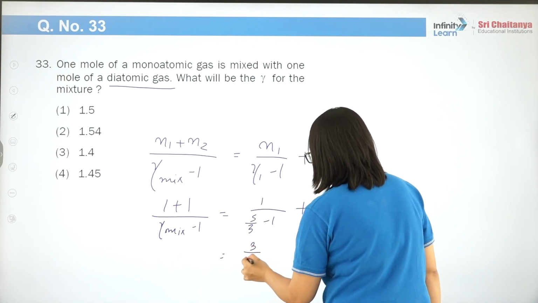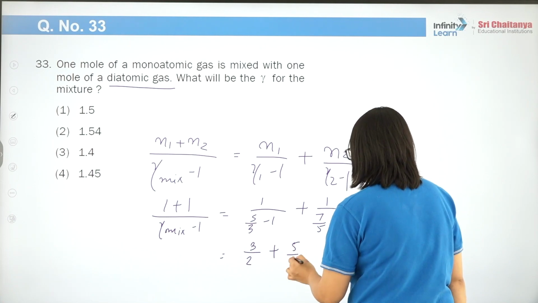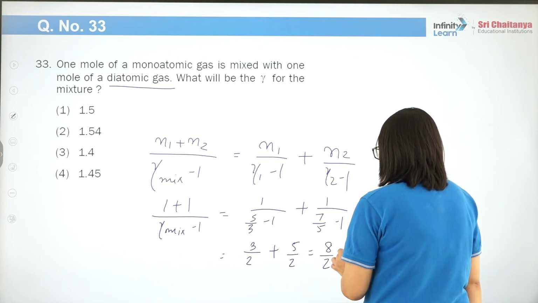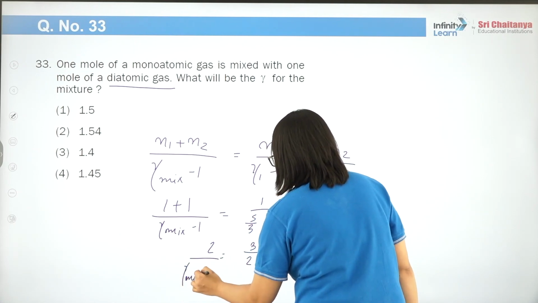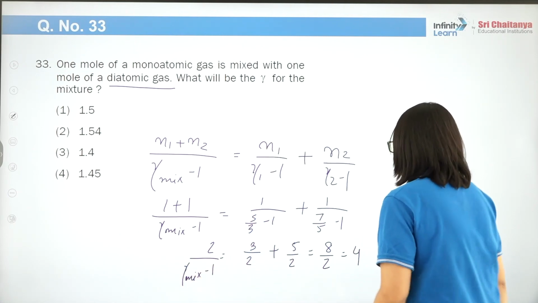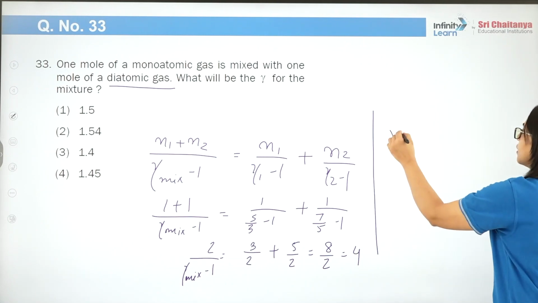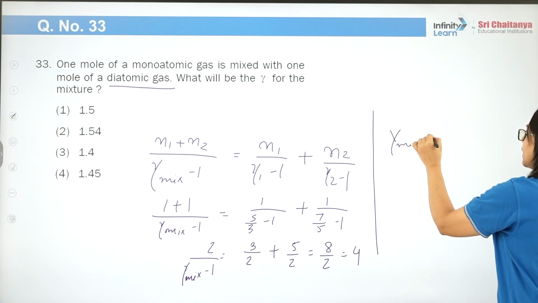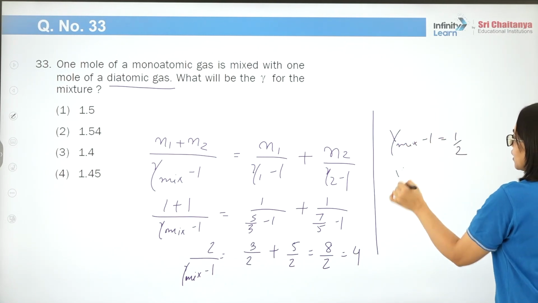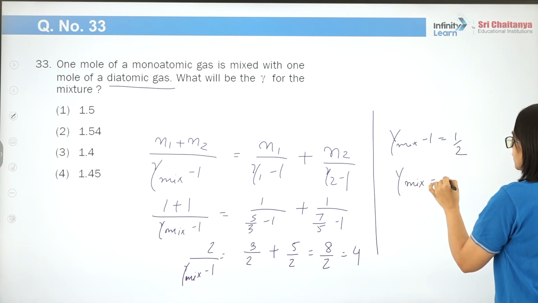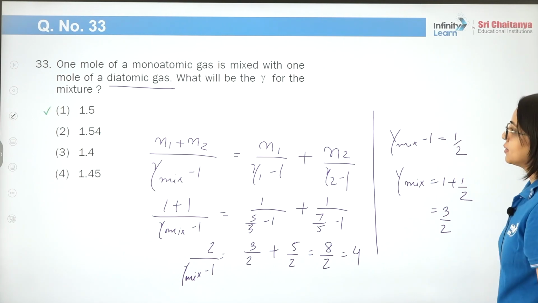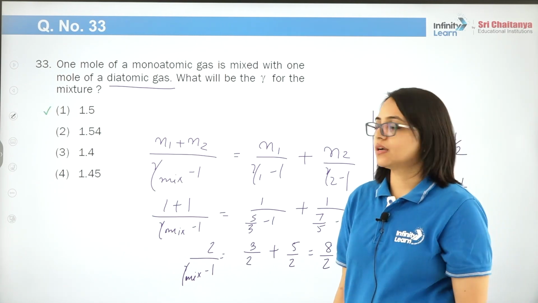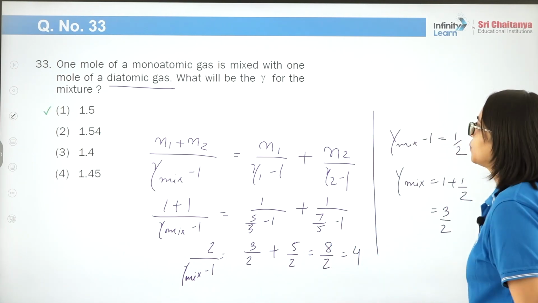This will be 3 upon 2 plus 5 upon 2, which is 8 upon 2, which is 4, but this is 2 upon gamma mixture minus 1, right. So, gamma mixture minus 1 will be 1 by 2. So, gamma mixture is 1 plus 1 by 2, that is 3 by 2. So, correct answer is option 1, which is 1.5 or 3 by 2.